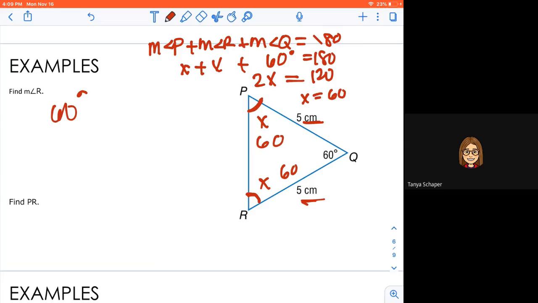Find the measurement of PR. Well, if all those angles are the same, then it also means it's equilateral, which makes it 5 centimeters. And again, we have to give reasons for everything we say. Whenever it says explain, I am looking for a theorem, a definition, a postulate, a corollary, anything to give us proof why that works.